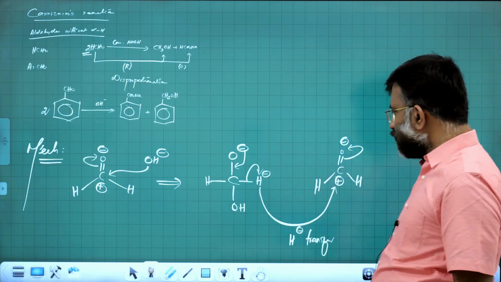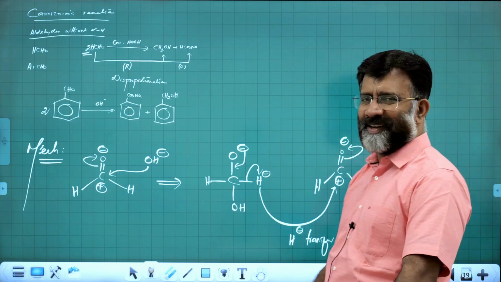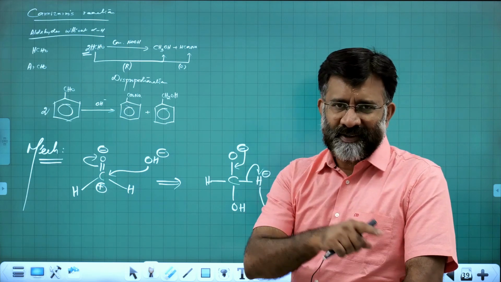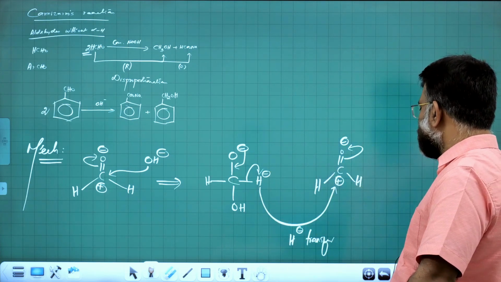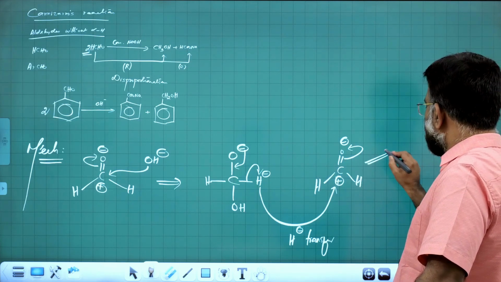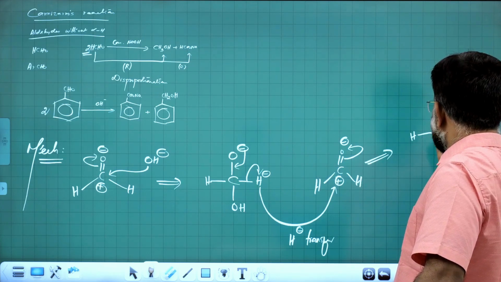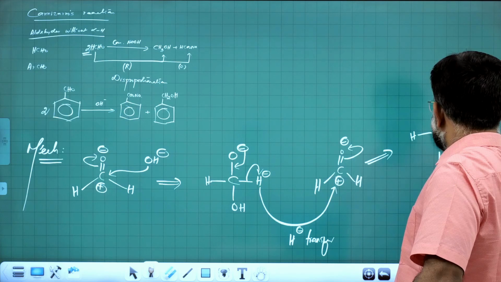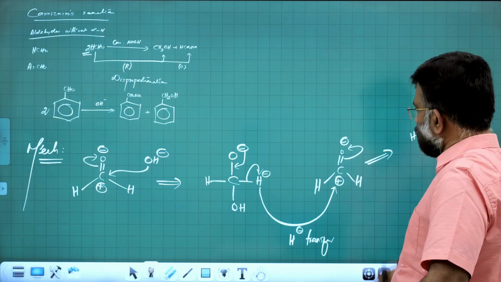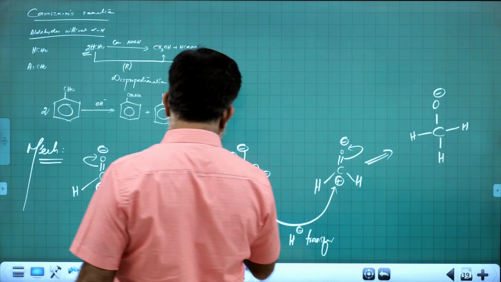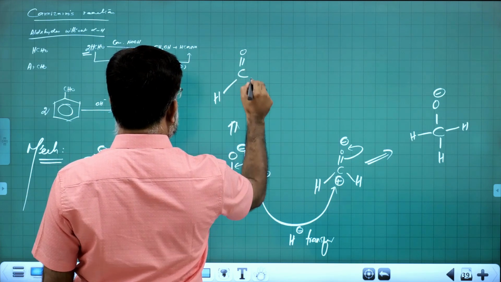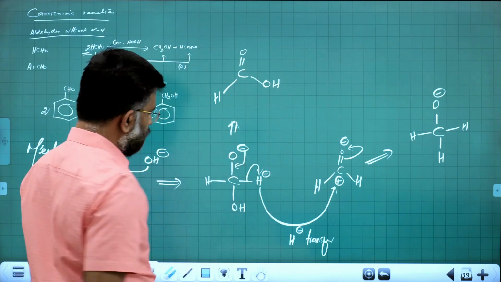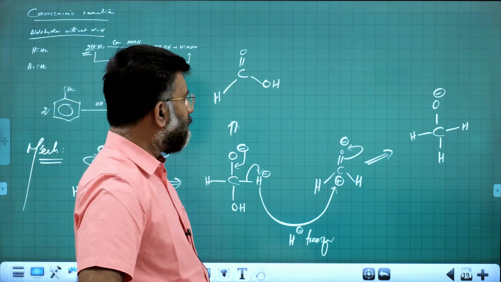That is not a usual story. Usually we find H plus transfer. This is hydride transfer. So H minus is transferred to the C plus center, and this molecule will turn into CH2O minus. And this side turned into HCOOH, right?